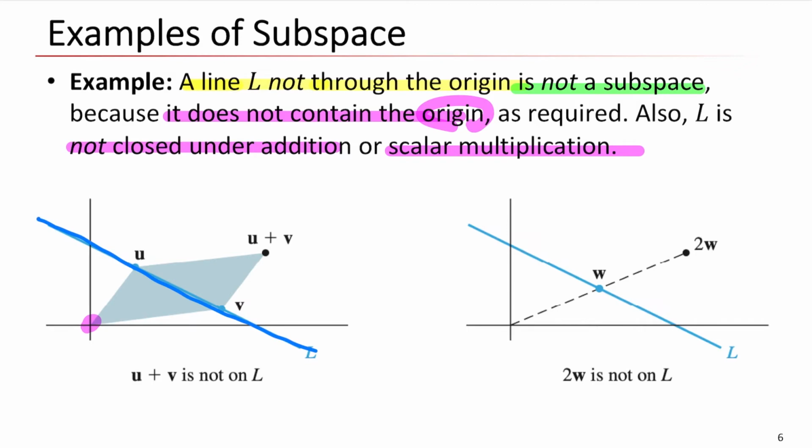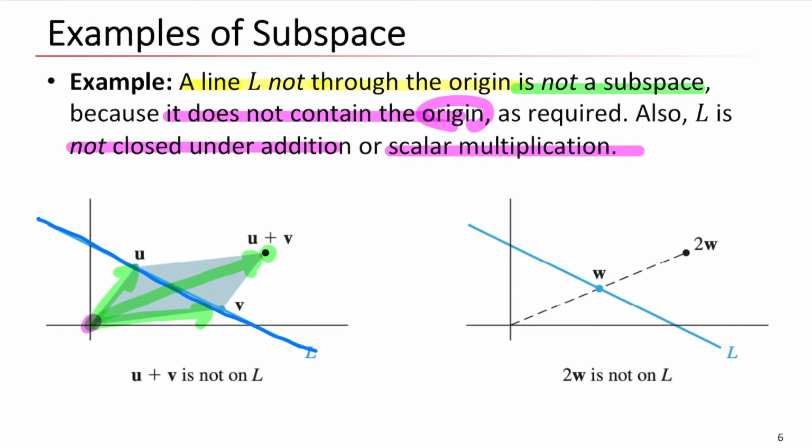For example, take the vectors u and v on the line L, and the vector u plus v here, right? It's not on the line L. So this is not satisfying the second property, right?